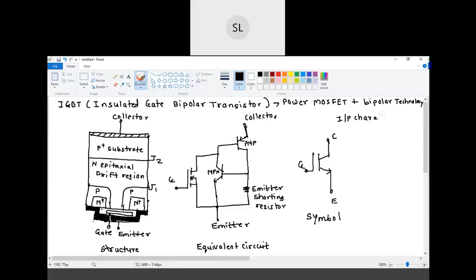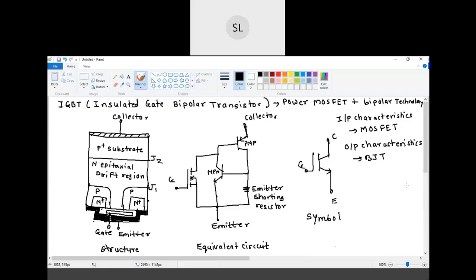So the input characteristics of this IGBT are the same as those of the power MOSFET, and the output characteristics are the same as those of the BJT, that is bipolar junction transistor. It is basically a gate turn off power semiconductor device.